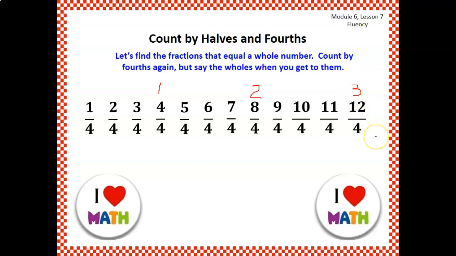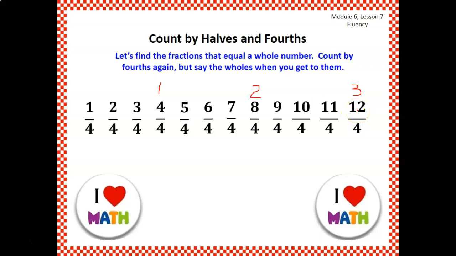Now, I see a pattern. Who sees it with me? I see that 1 times my denominator is 4, which is my numerator. And I see 2 times 4, my denominator, is 8, which is my numerator. And I see 3 times 4 is 12, my numerator here.